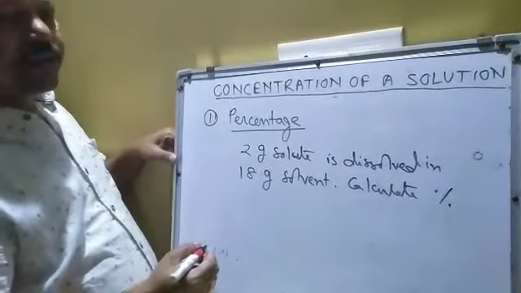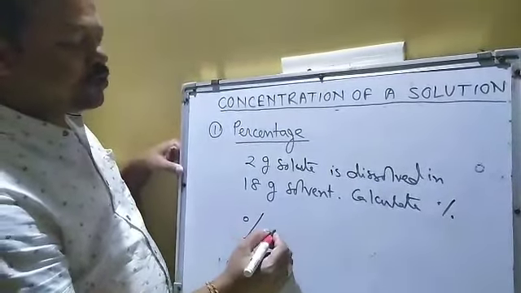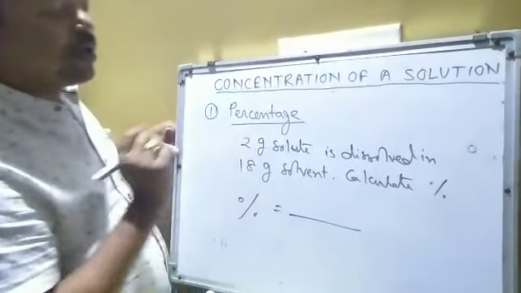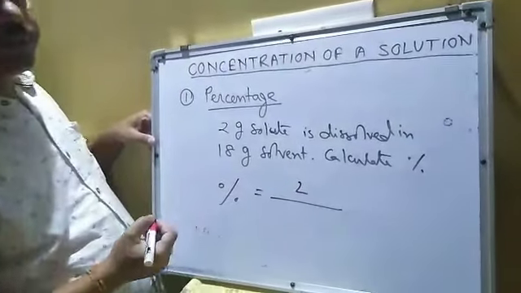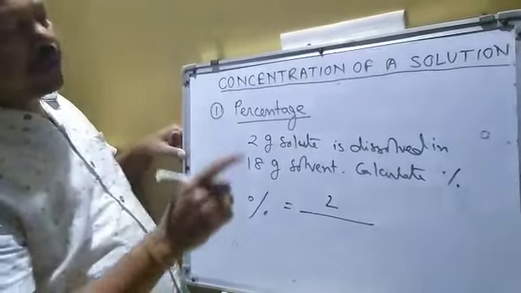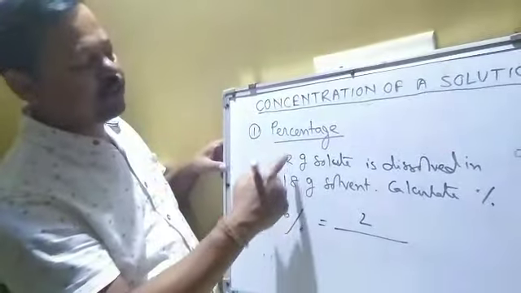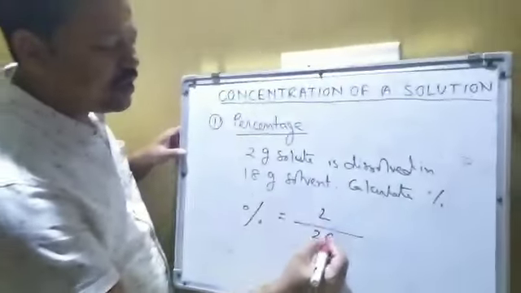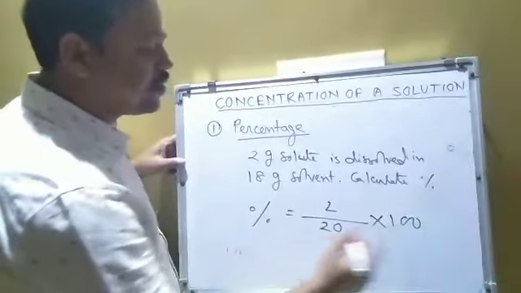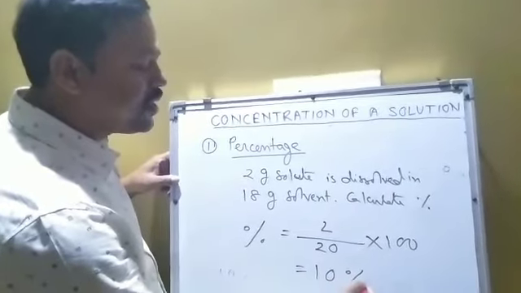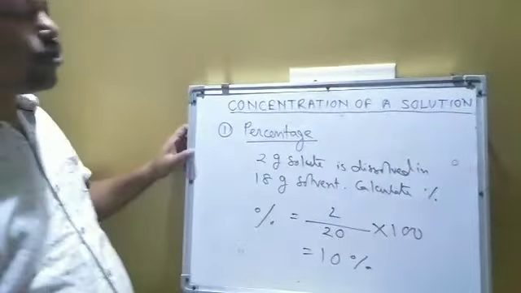To determine the percentage of the solution, mass of solute how much? 2 gram. Mass of solution how much? Solution means both solute plus solvent. Solute 2 gram, solvent 18 gram. Total how much? 20. So 2 by 20 and you multiply it by 100. You will get 10%.